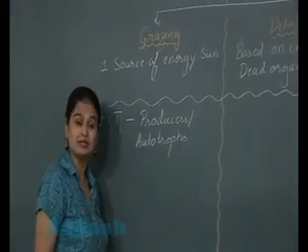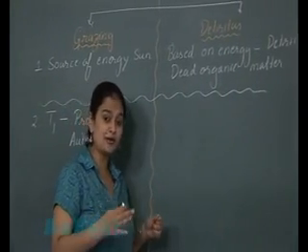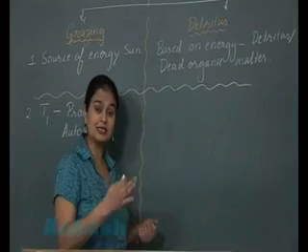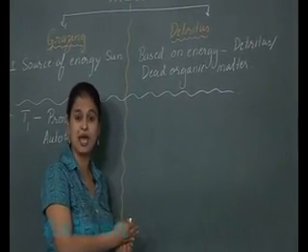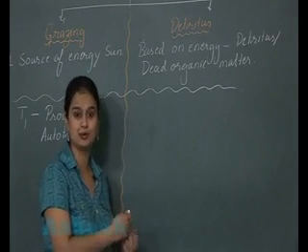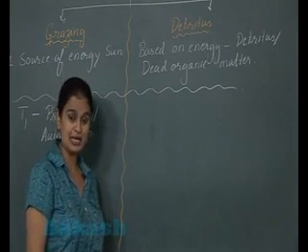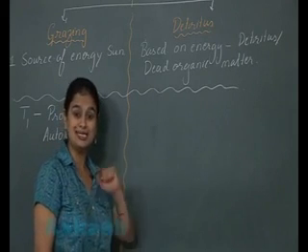Now in the case of the detritus food chain, this dead organic matter is acted upon by organisms known as detrivores.